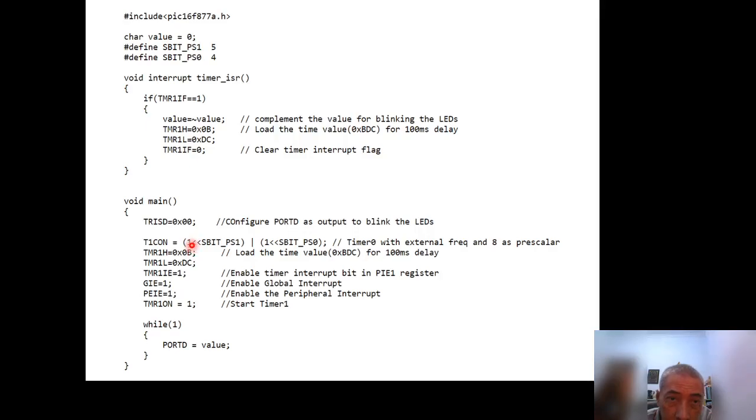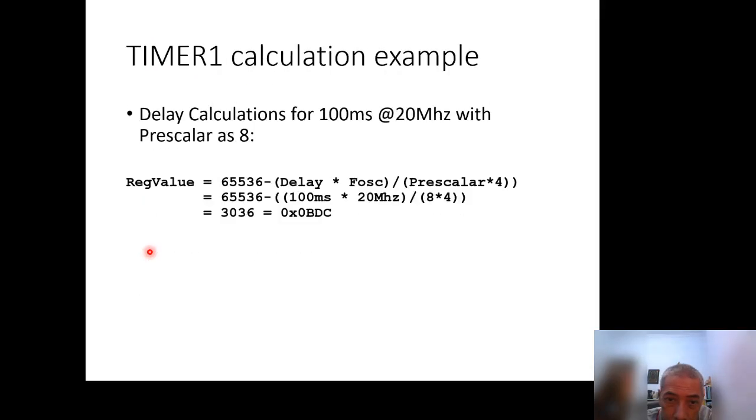So this one is set bit PS1 and set bit PS0. This is the value that we have calculated before, just like this. This is for the high, and the other is for the low.